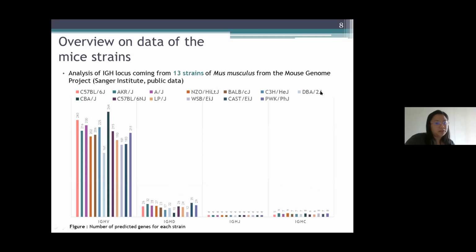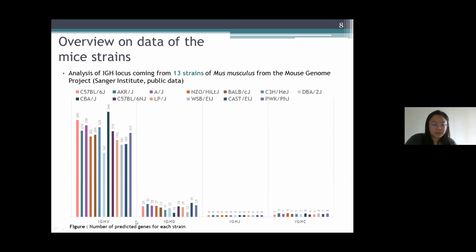Then I got interested in all the public data that were available, so I extracted the IGH locus from 13 strains of mice, and the genomes are coming from the Mouse Genome Project. And I ran an internal tool called LIGMotif that performs automatic annotation, and here we have the results for the 13 strains.